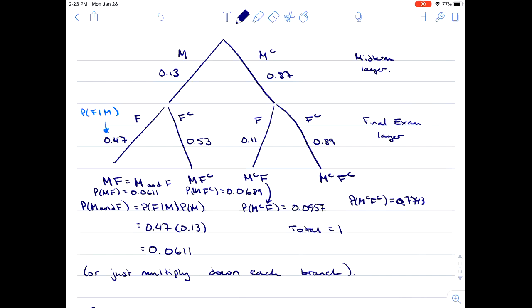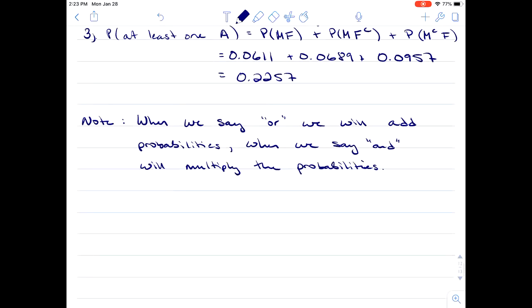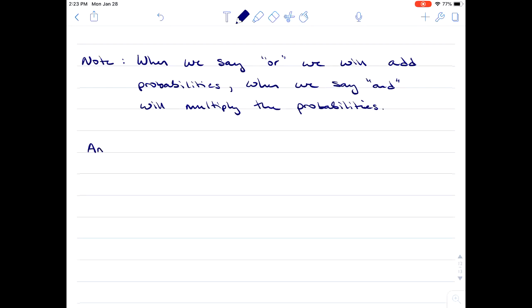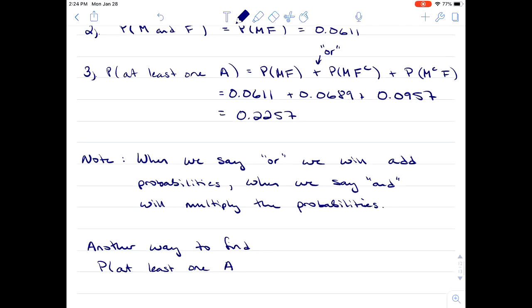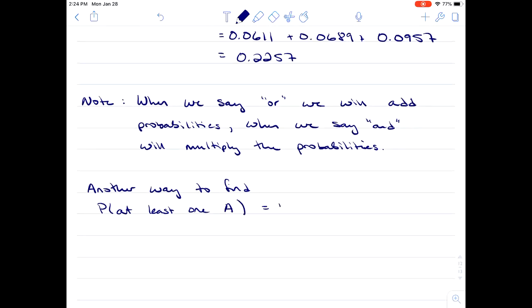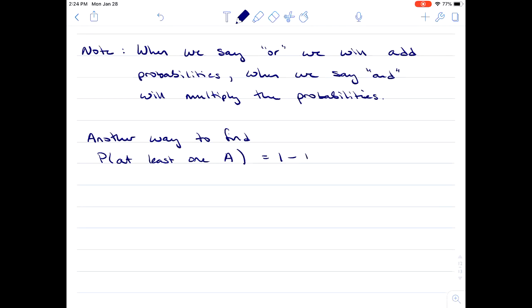So another way to find, and I'll start it down here, the probability of at least one A is 1 minus the probability of not an A on the midterm and not an A on the final.